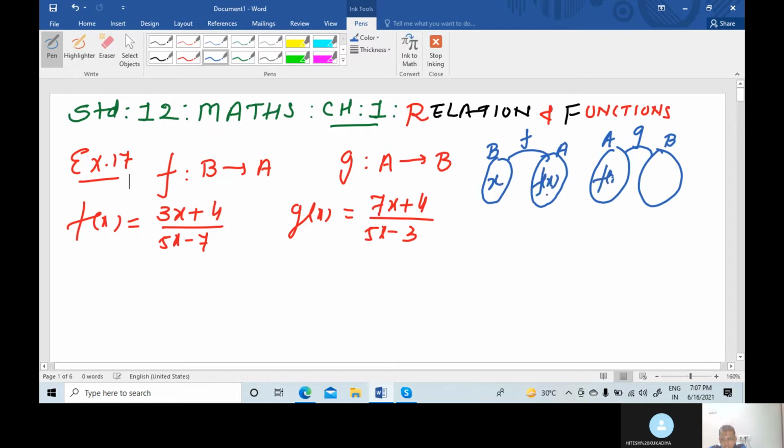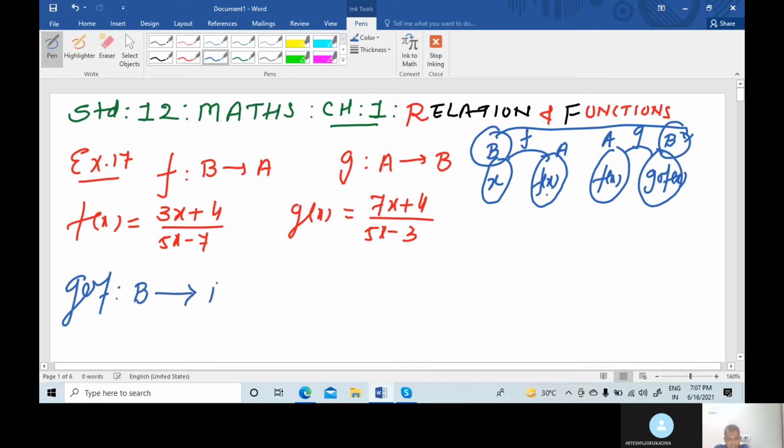Now F(x) put here, so here you can write GOF(x). So the GOF function starts from B and ends at B. So here we write GOF function is B to B.